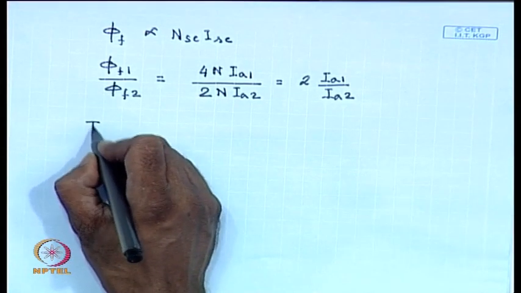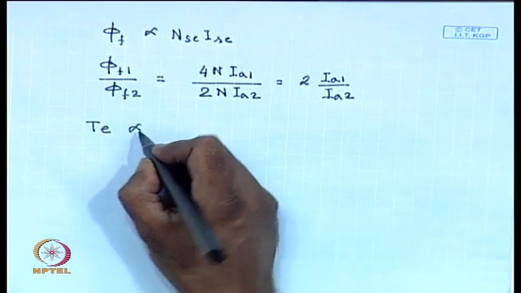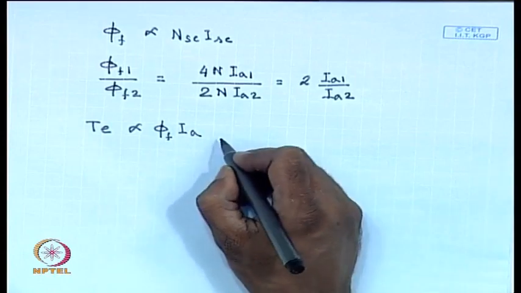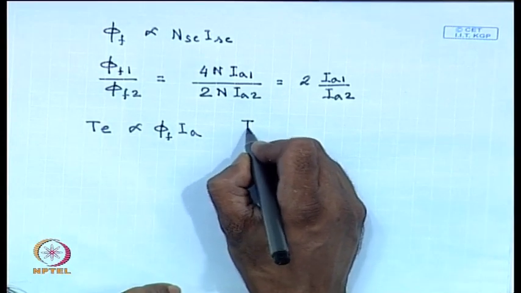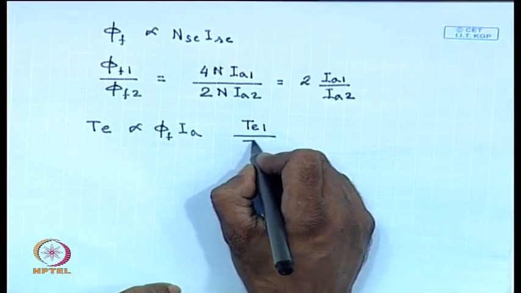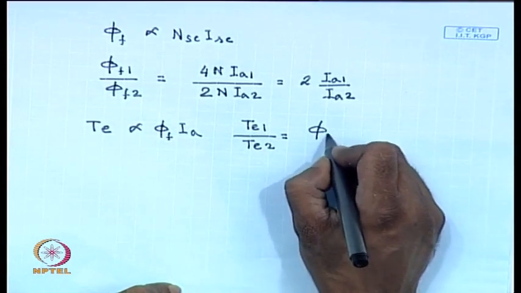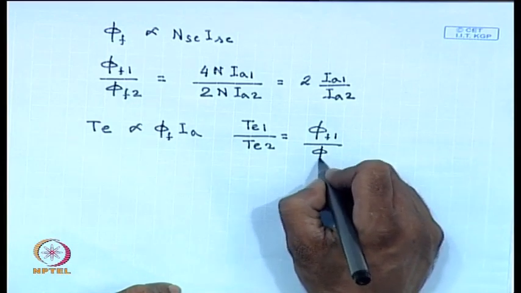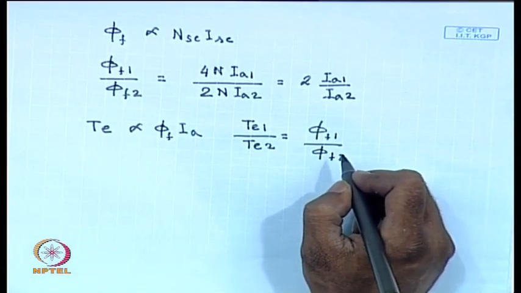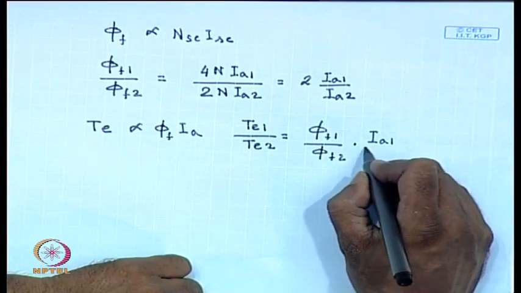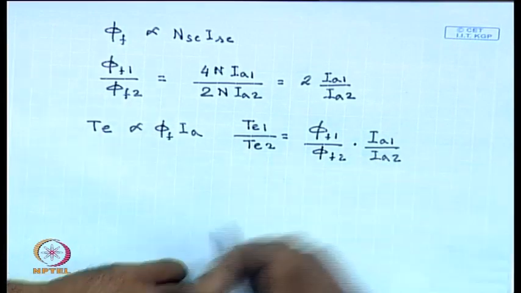Also, the electromagnetic torque is proportional to phi f I A. Therefore, the torque in the first case T E 1 divided by T E 2 will be equal to phi f 1 by phi f 2 into I A 1 by I A 2.